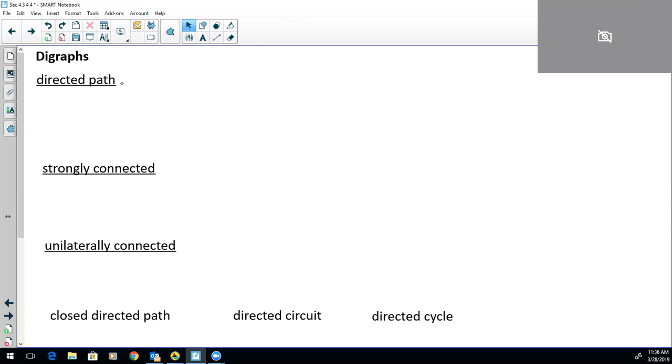Okay, a directed path. Well, this is going to be a finite sequence of vertices and arcs.